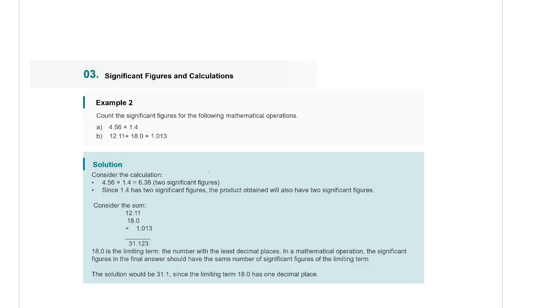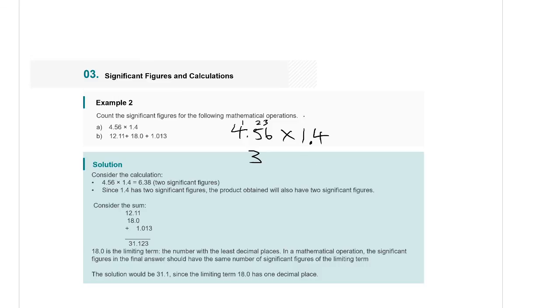All right, so first of all, for A, we have a multiplication: 4.56 times 10 to the something, times 1.4. Okay, so it's a multiplication, so we're going to keep the least significant figures. On the left we have 3 significant figures, because 1 over here, 2 over here, 3 over here.